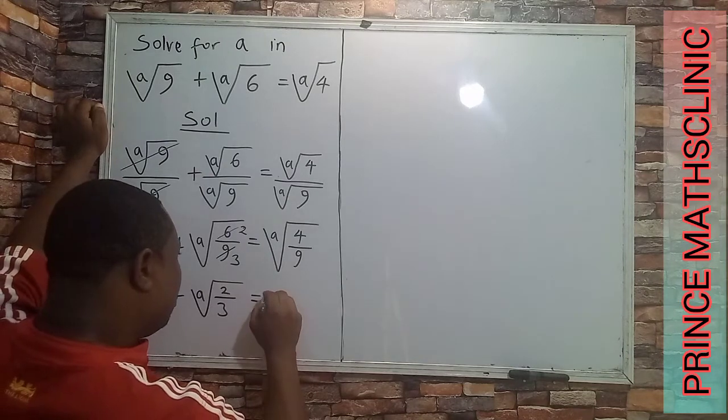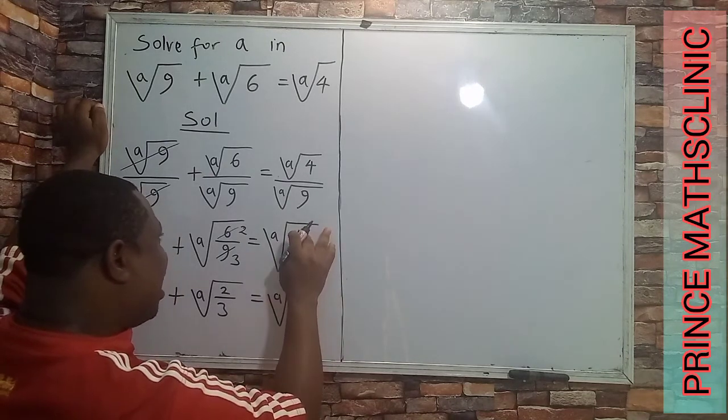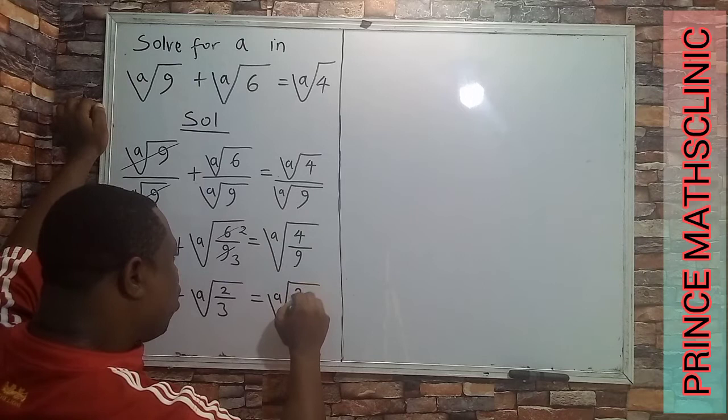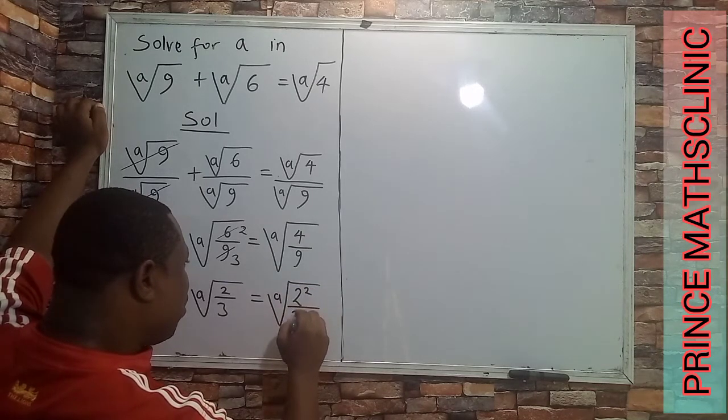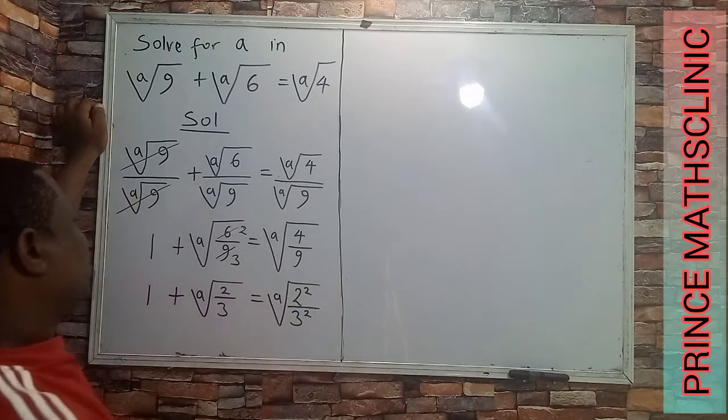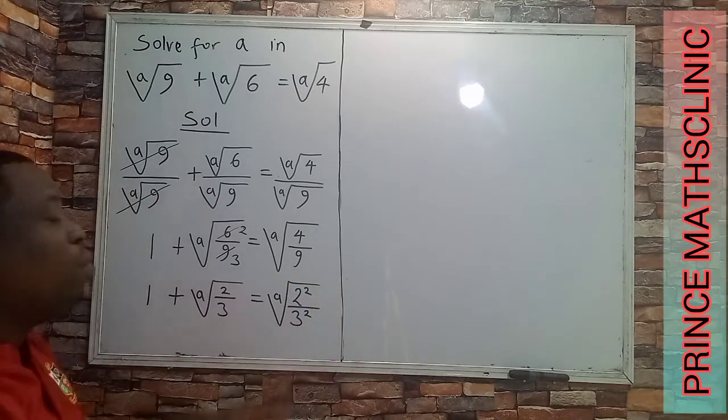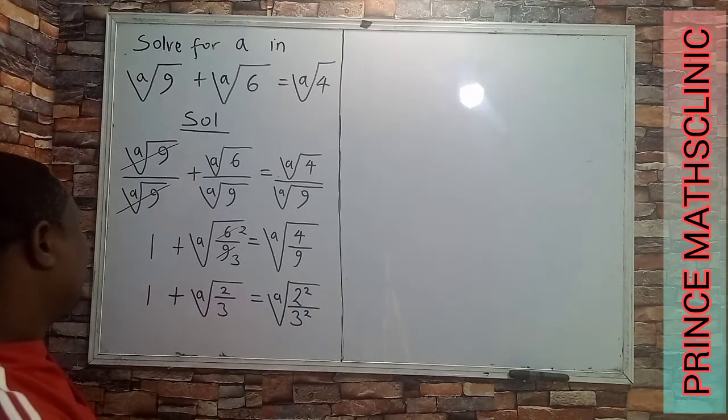Now, this is the a root. I can write 4 to become 2 squared, and I can write 9 to be what? 3 squared. So it means that both the numerator and denominator have square on them.